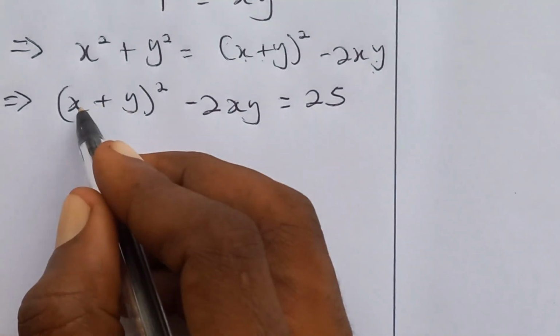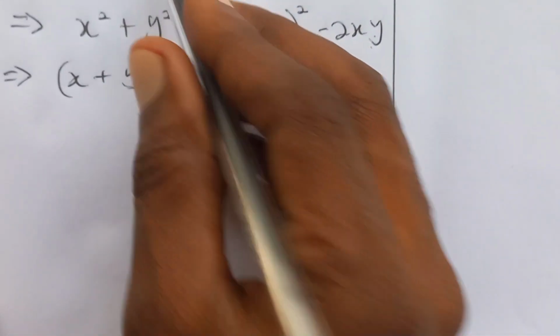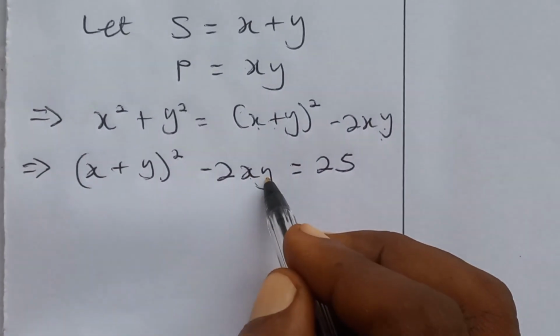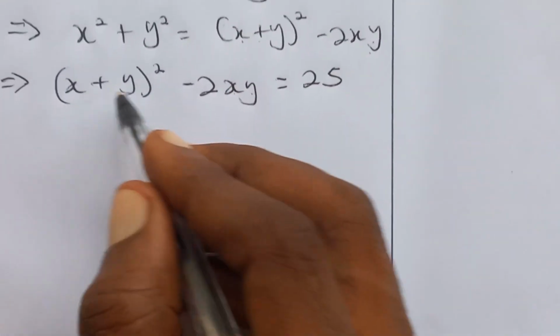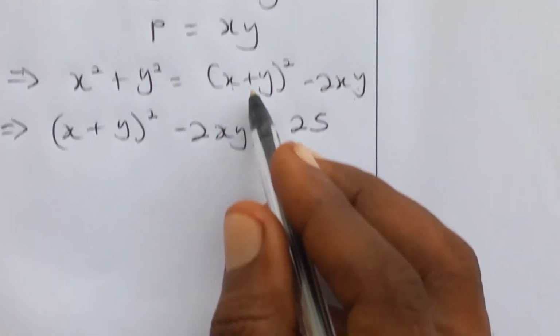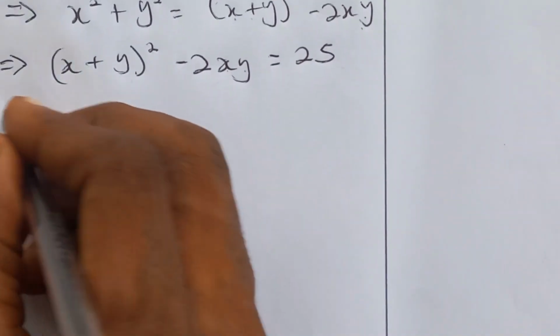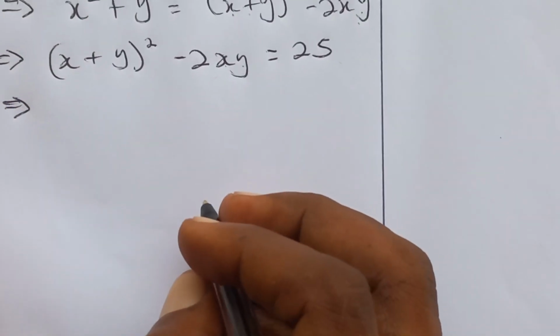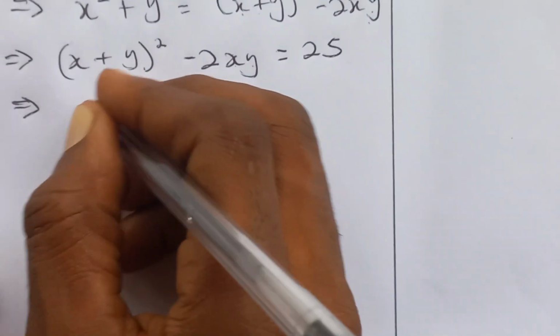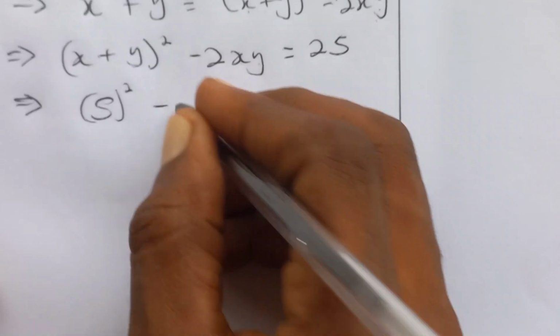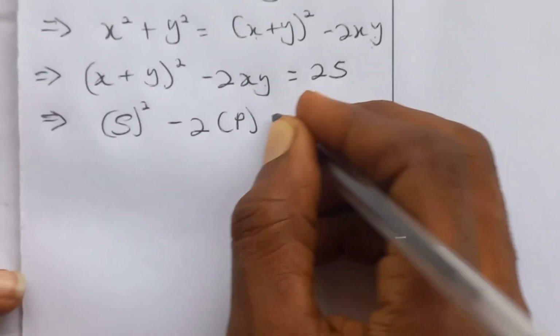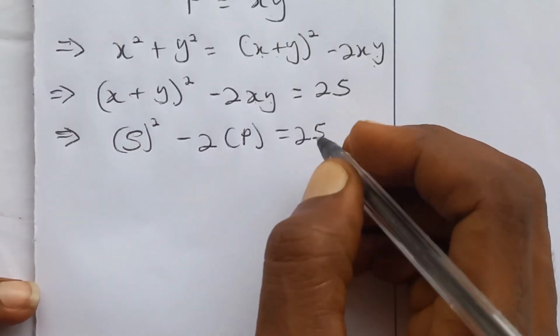So now we know x plus y to be s, and xy to be p. So we substitute them in. You have s all squared minus 2 into bracket p is equal to 25.